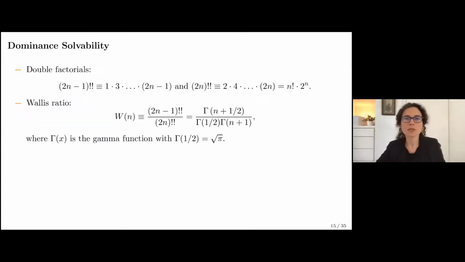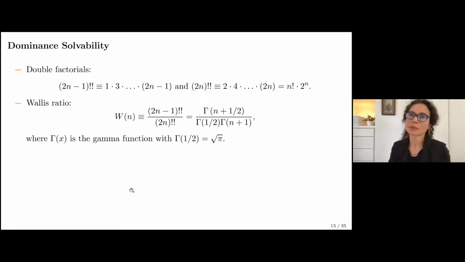All right, so now I'll describe to you the ultimate result on the precise probability of dominant solvability. For that, I'll need a tiny bit of notation, and I hope you'll forgive me. The double factorial of a number is defined just like a factorial, only the multipliers have the same parity.